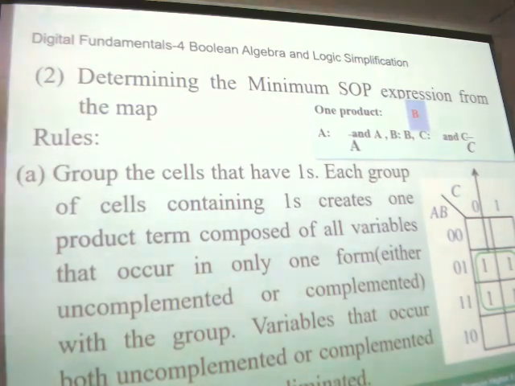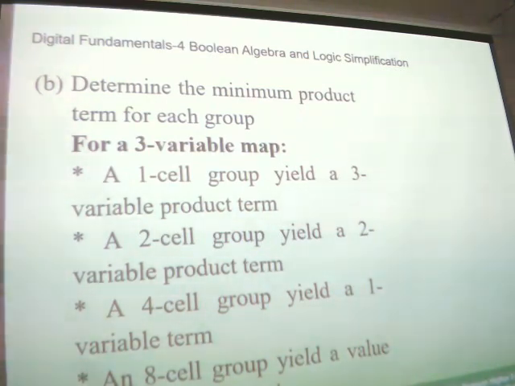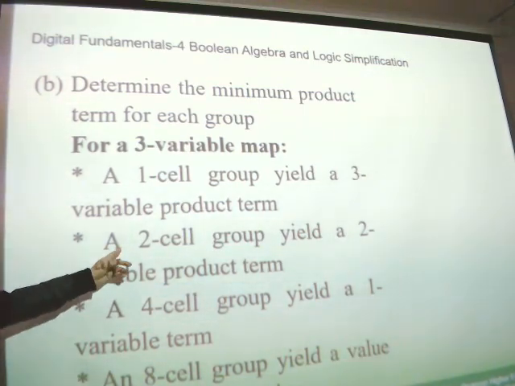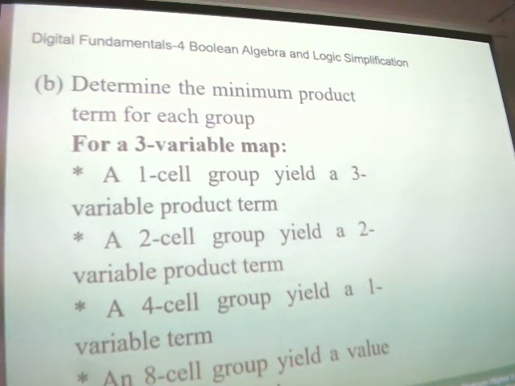This is rule A. Rule B: determine the minimum product term for each group. For all 3 variable maps, a 1 cell group yields a 3 variable product term, a 2 cell group yields a 2 variable product term, a 4 cell group yields a 1 variable term, and an 8 cell group yields a value of 1 for the expression.